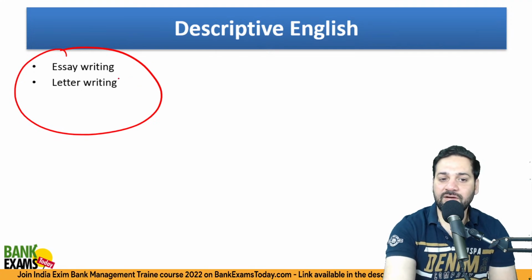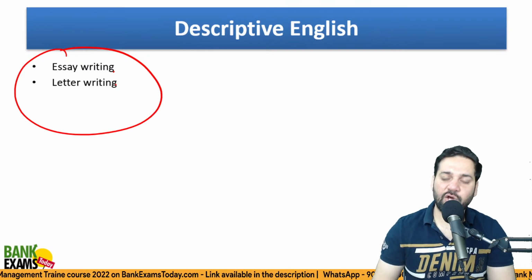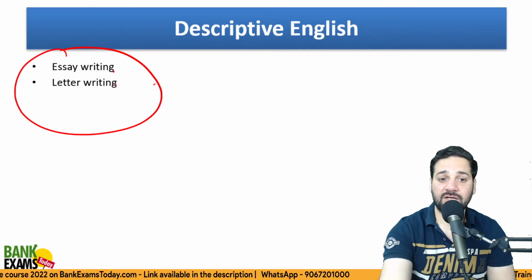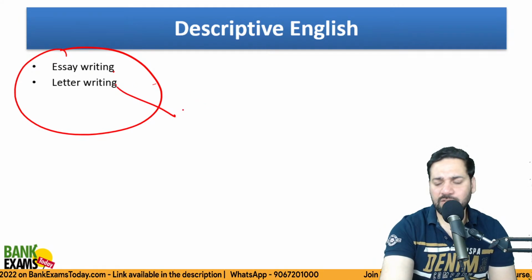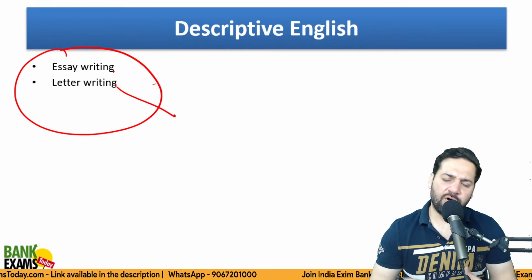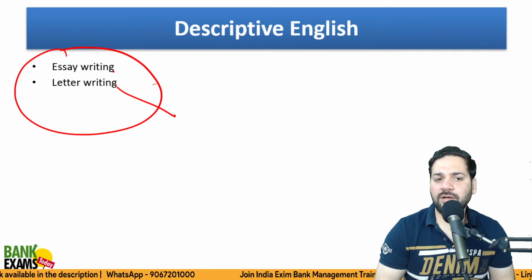There is English language and essay writing and letter writing. There is a proper format for that. On this channel, I'll share the essay writing format and the letter writing format. Basically there are two formats: casual or informal, and then there is formal letter writing.